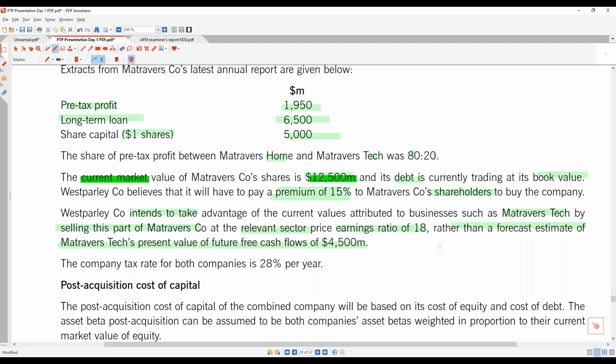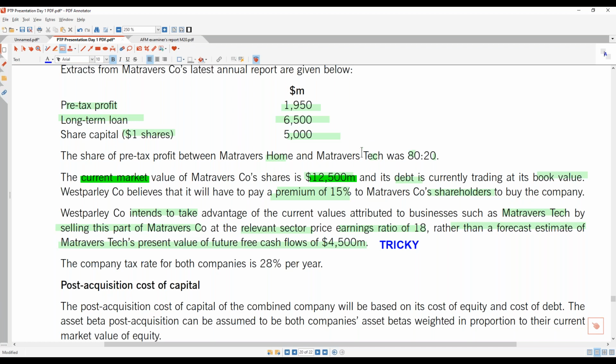So once again, this is something tricky. Whenever you are reading a question, something you will identify as easy and something as hard. Do remember, if you feel something is hard, it is hard not just for you, but for the exam as well. That is tricky. One of the parts is Matt Travers Home and Matt Travers Tech.